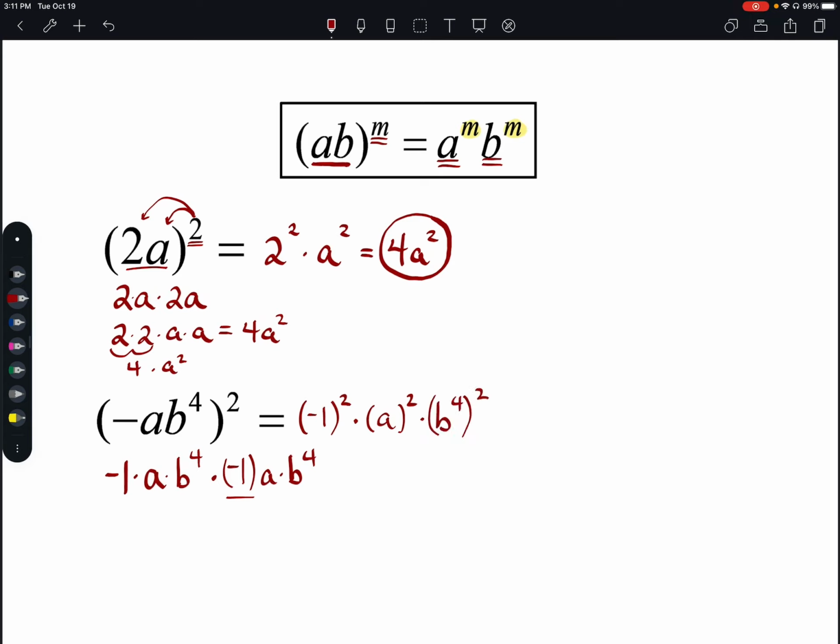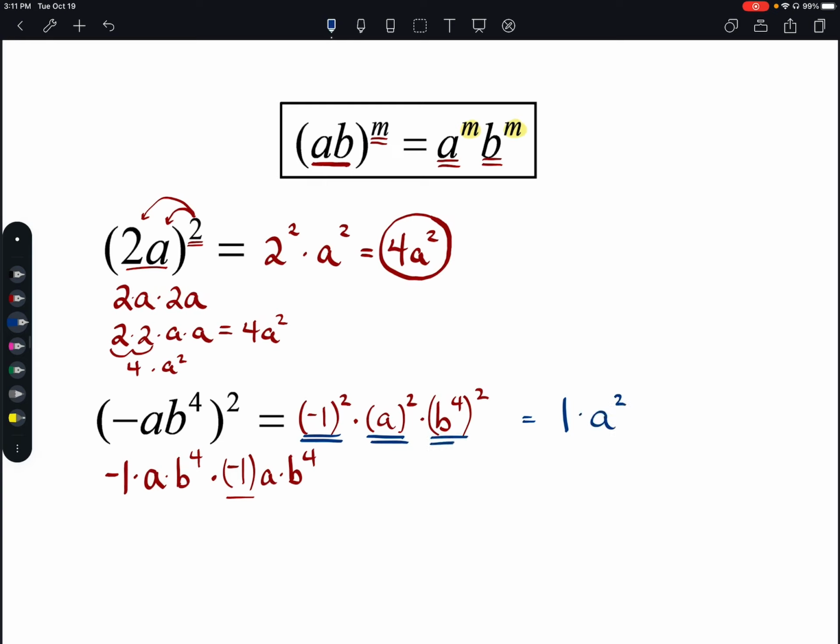As we simplify each of those, we know that -1 times -1 gives us a +1. We can just write the 1 out there. We know that a times a gives us a squared.